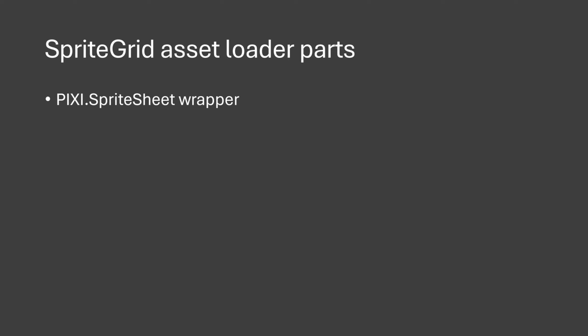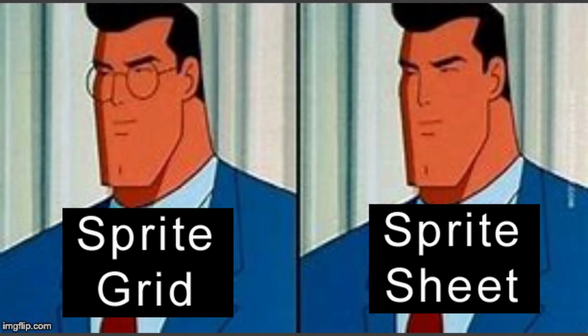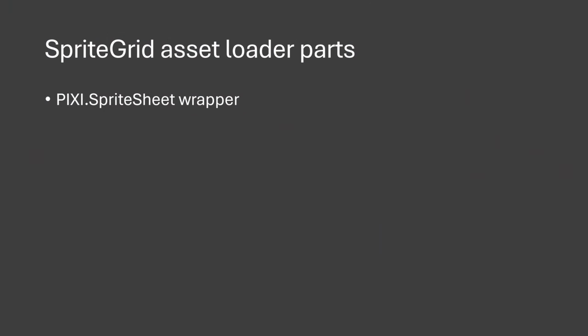So what it does, actually, I was talking about the sprite sheets. We are going to leverage the Pixi.js sprite sheet to actually load the texture and define the frames and separate them into small textures. So one texture per frame.